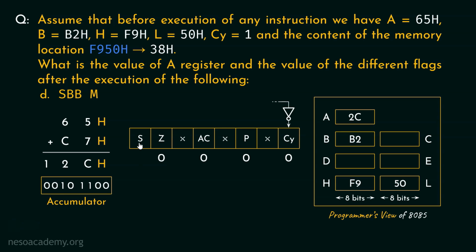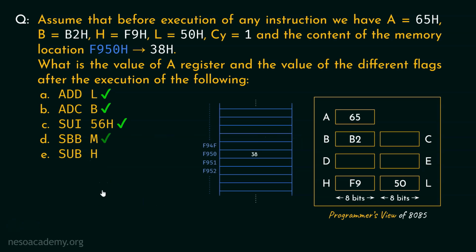Coming to sign flag, since the most significant bit inside the accumulator is 0, it will be reset to 0. So after the execution of SBBM, within the accumulator, we will have the value 2C. Remember, initially the accumulator had the value 65. And within the flags register, all the flags will be reset to 0. So we are done with our 4th instruction, SBBM.